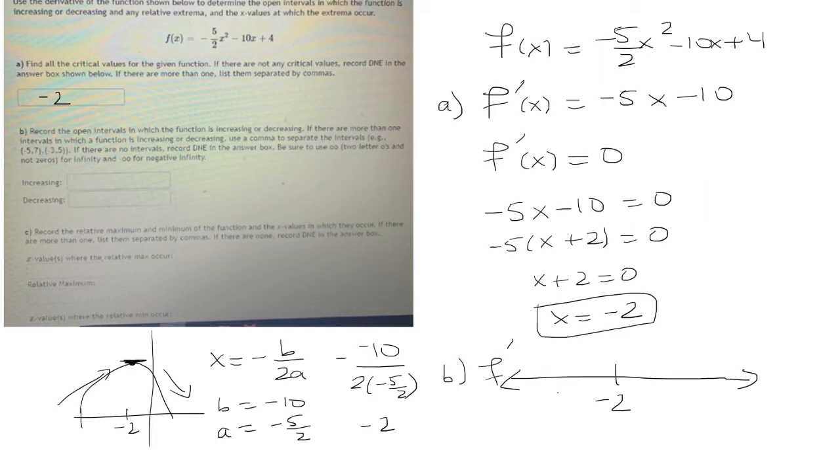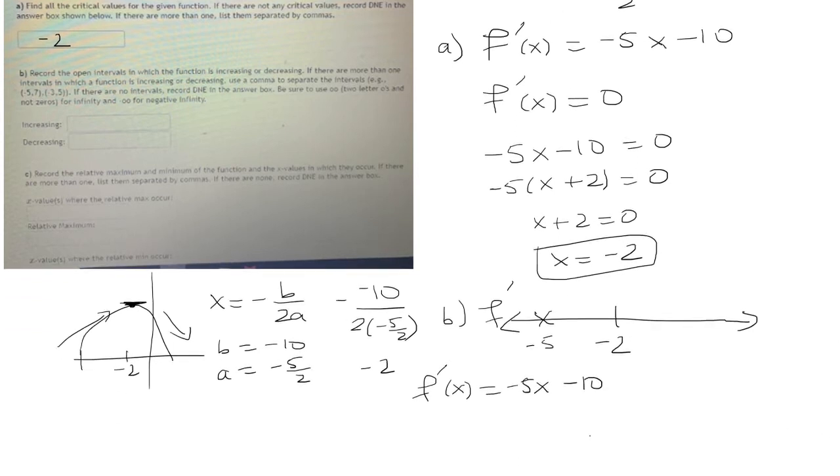So if I pick a number less than negative 2, I don't know, let's say negative 5, plug it into the derivative. So the derivative we said was negative 5x minus 10. So I plug in negative 5, I get, let's see, negative 5 times negative 5 minus 10. Well, that's clearly 15. That's positive, right? So the derivative is positive.